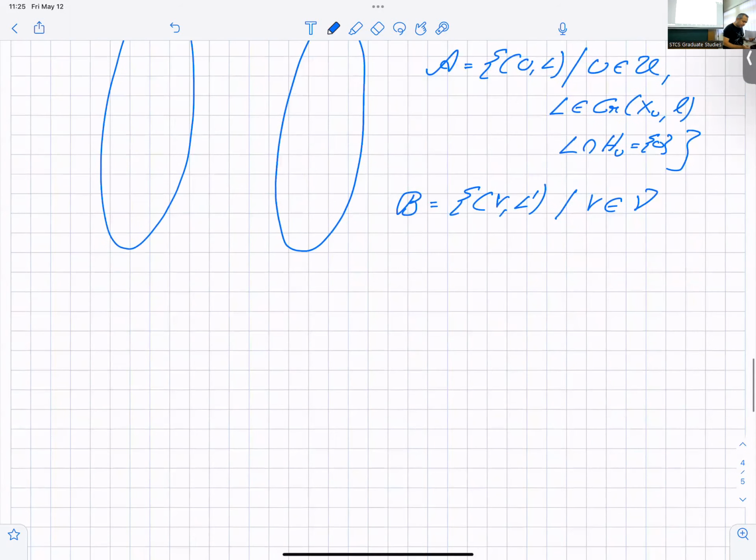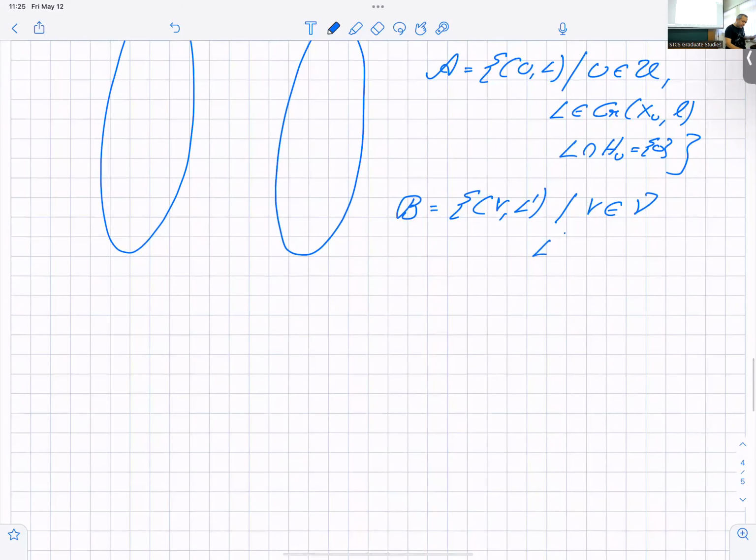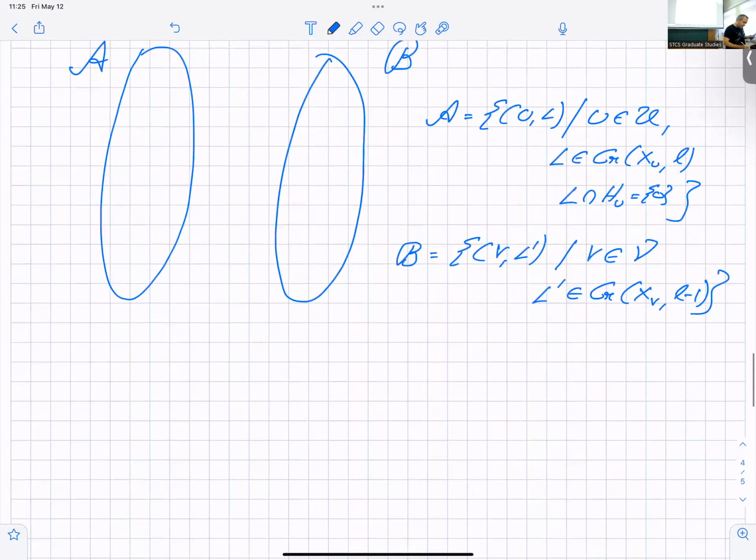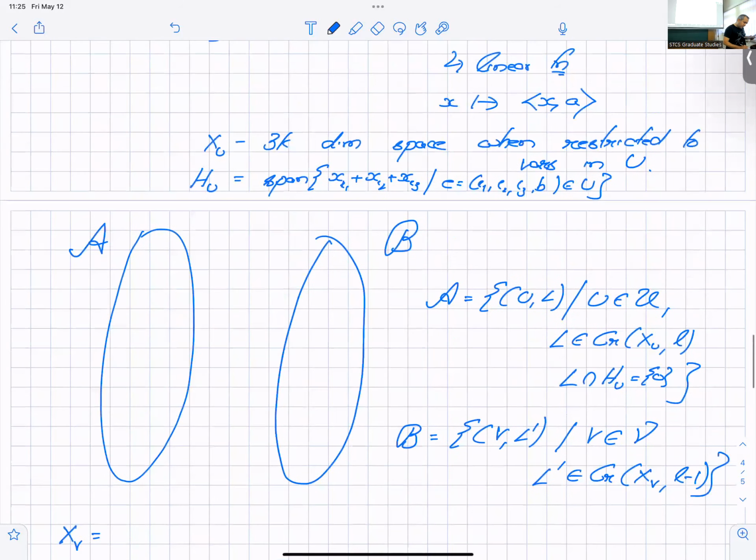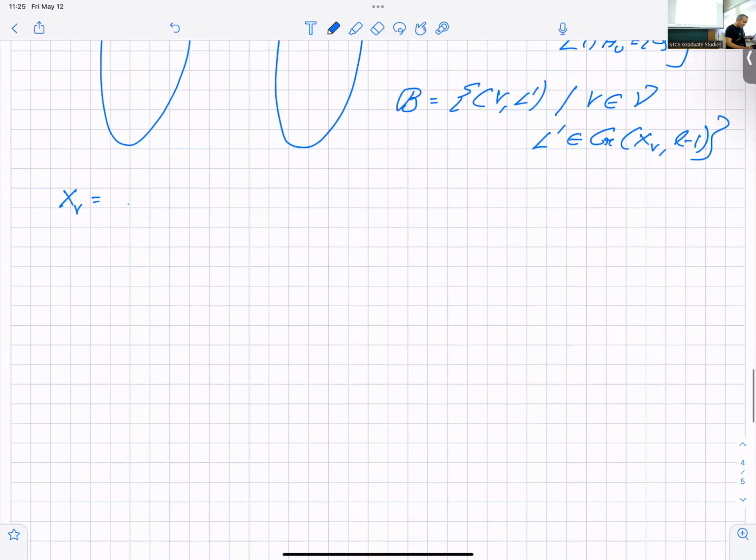And this is V, and L' is in the Grassmannian of X_V, L minus something. X_V is similarly defined: it is the space spanned by the variables in V. This could be a varying number, roughly 3k minus 2 beta k, but it could vary.